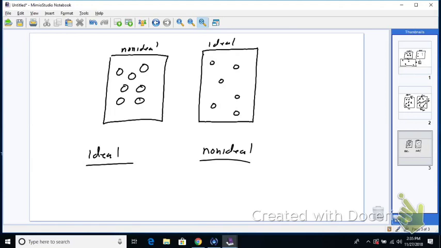Gases take up large volume. Okay, so we want a gas that has large volume. Good. That will create greater distances. So non-ideal would be smaller volume.